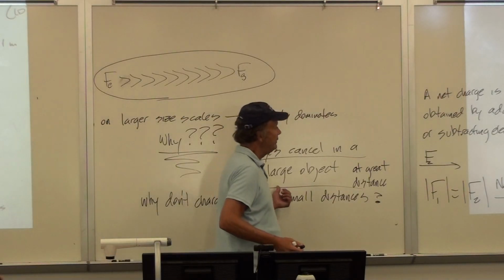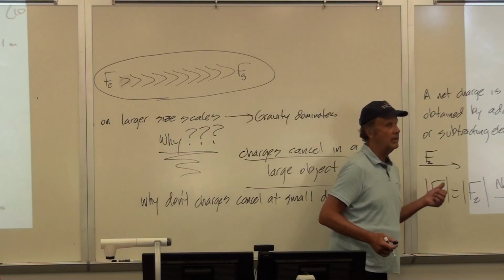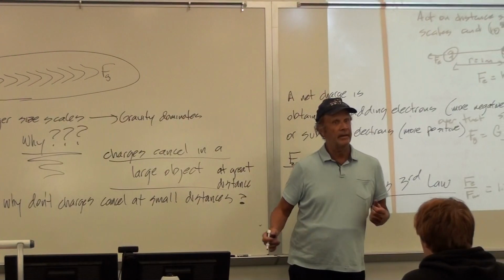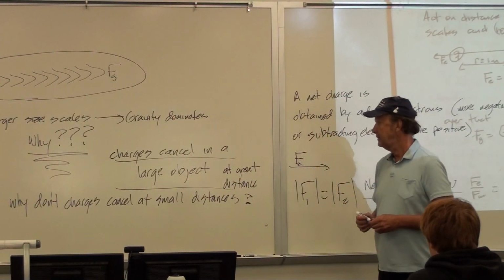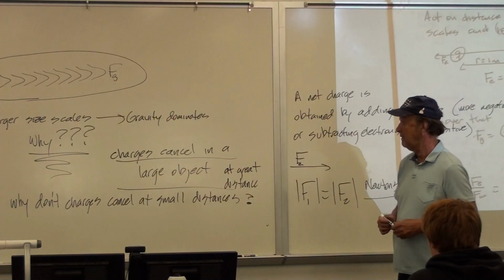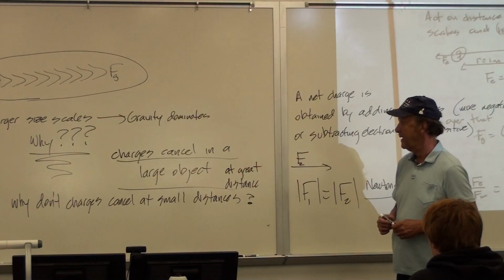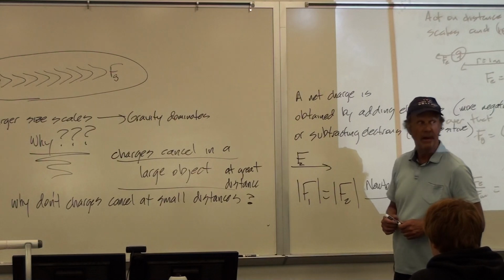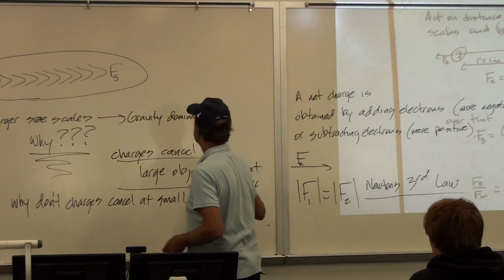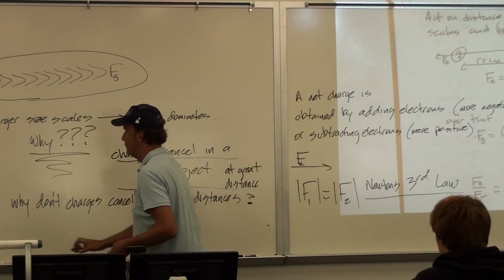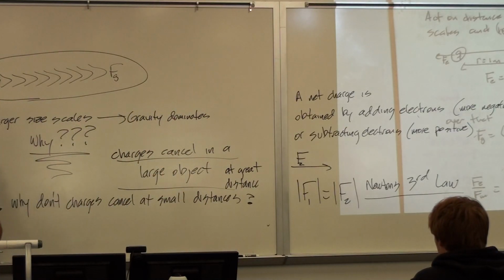K was always the same value whether it was a big object or a small object. Because there's not that many objects per se, or molecules or atoms. There's less particles at small distances. So there's less interactions that cancel out. They don't cancel out because there's not enough charge.